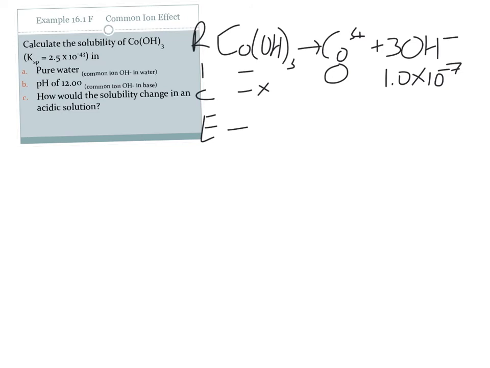And for any hydroxide that's not sodium or potassium, generally this comes into effect a little bit. So we could calculate this common ion question with that hydroxide there as well.